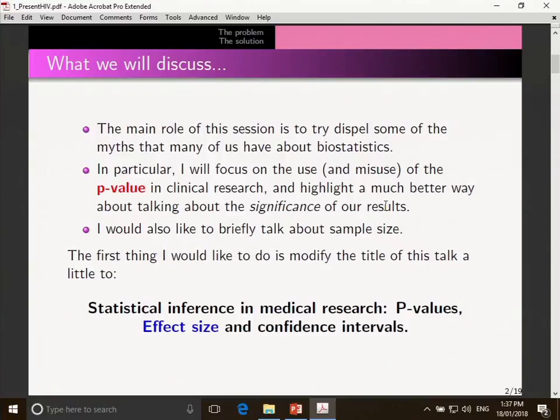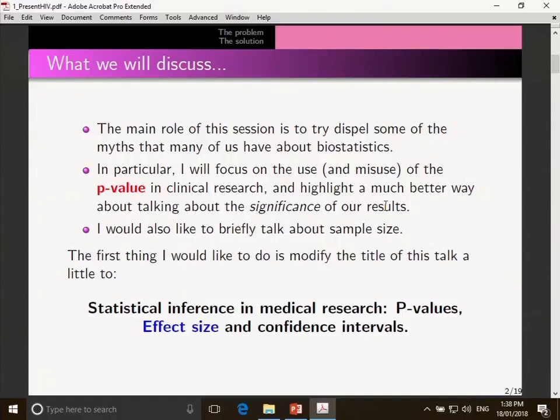And by the way, I didn't come up with this. This is well-established methods for talking about the significance of our results. It's, as I said, just a bit of a change in the way we think. And this is something that I guess statisticians are trying to push a little bit more these days.